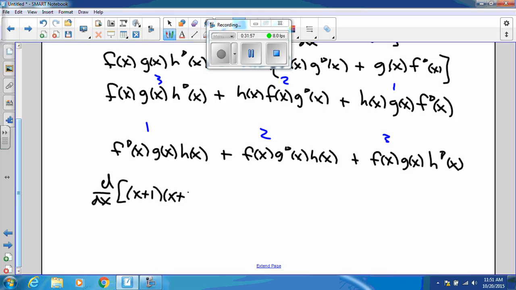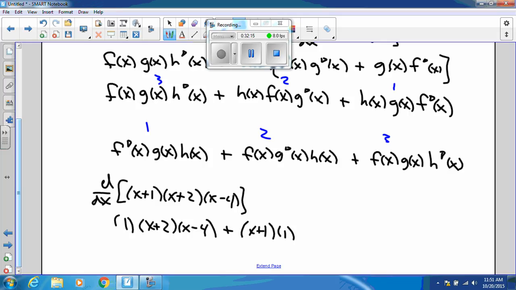So for example, if I needed the derivative of x plus 1 times x plus 2 times x minus 4, then instead of multiplying out algebra first, instead of doing a complicated product, I can just do f prime times g times h plus f times g prime times h plus f g h prime.